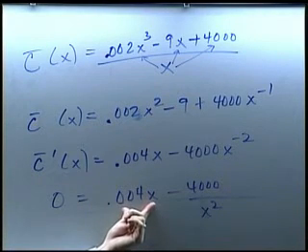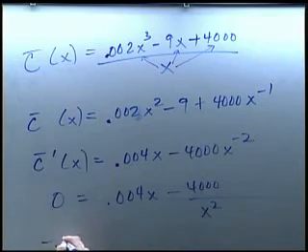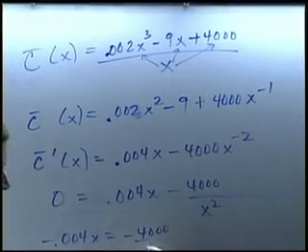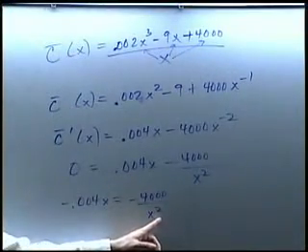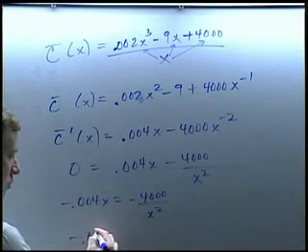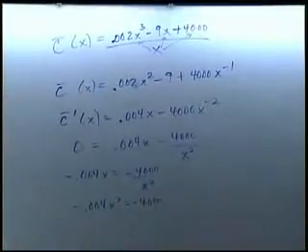What could I do with this term? Could subtract it over to this side, sure. So negative 0.004x. Next, what would you do with this denominator? Multiply it across, cross multiply, sure. So negative 0.004x cubed equals negative 4,000.